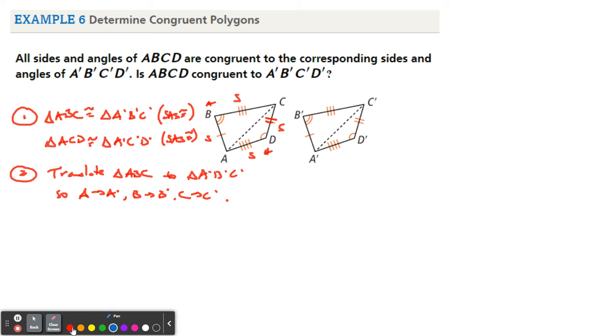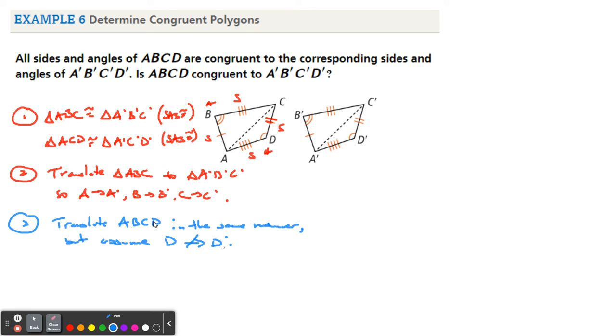Well, we can do the same thing with ABCD. So let's translate ABCD in the same manner. But, and here comes our indirect proof, assume D does not map onto D prime.